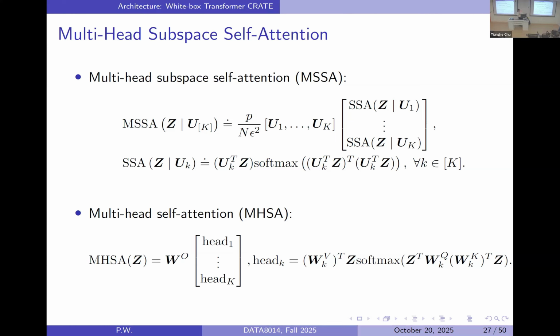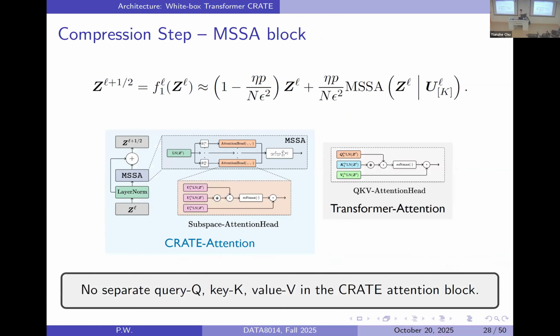Okay, and then we go further, to sum up what we have introduced in the previous two slides. We can get the compression step, the multi-head subspace self-attention block. You can see here, to get an intermediate output, it's like a residual connection plus multi-head subspace self-attention.